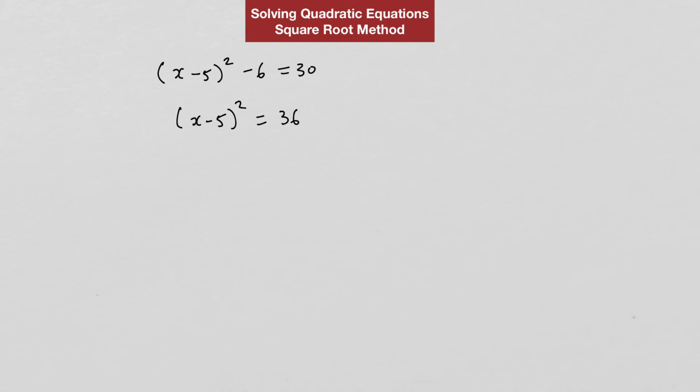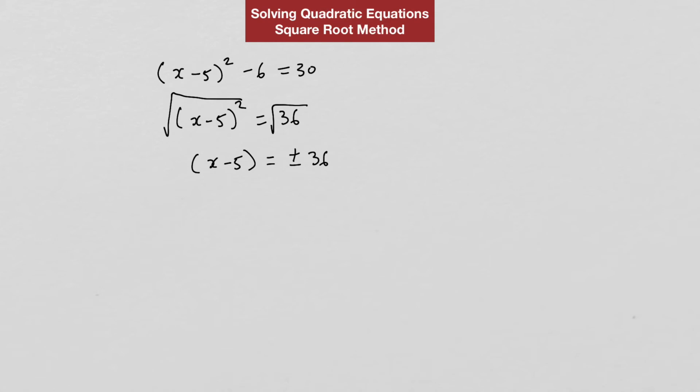Okay, now this quantity is squared, so we can take the square root of that like this and like this, and we get x minus 5 is equal to plus or minus 6.